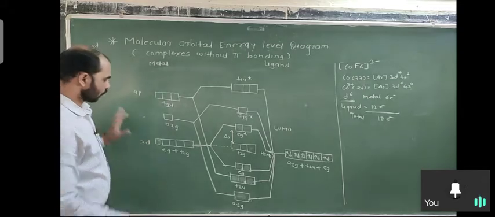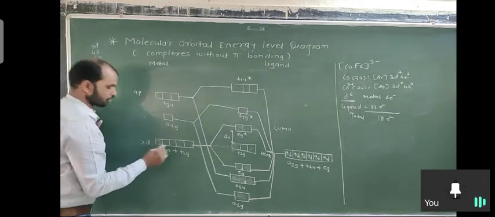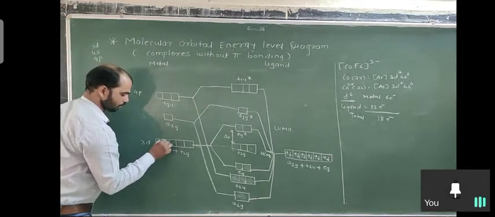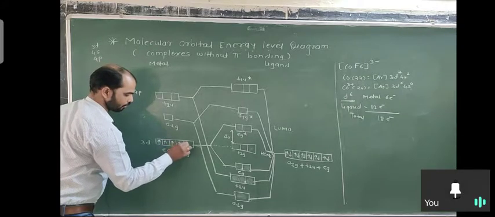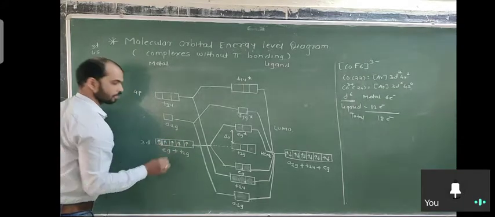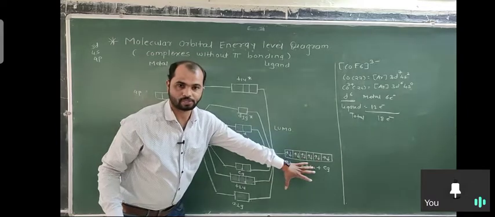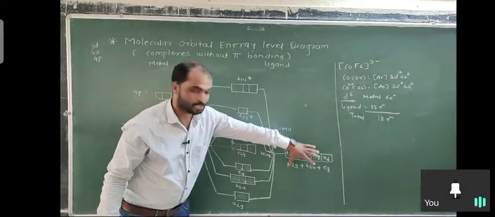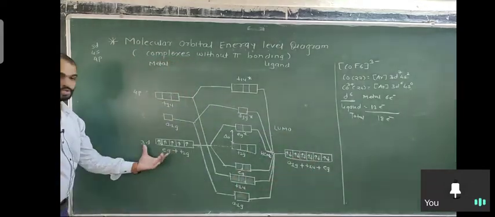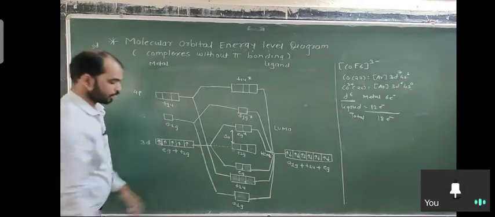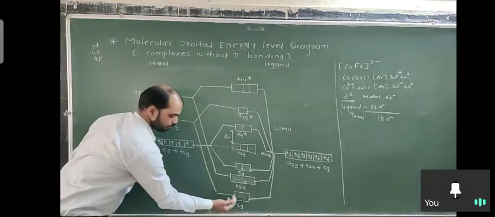Okay, so metal has how many electrons? 6. 1, 2, 3, 4, 5 and here is the 6. Always ligand has 12 electrons, there is no change here. Ligand has 12 electrons, metal has 6 electrons, so total 18 electrons. You fill up from this side, from the bottom.